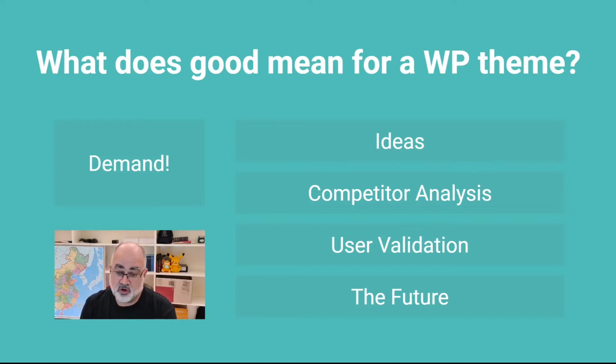And we have a new content type called template kits, which is launching any day now. And you should be thinking, can I build items for that content type? But there's also Gutenberg. And as it grows into a full site builder, we are going to see things like block patterns and block-based themes come to life.